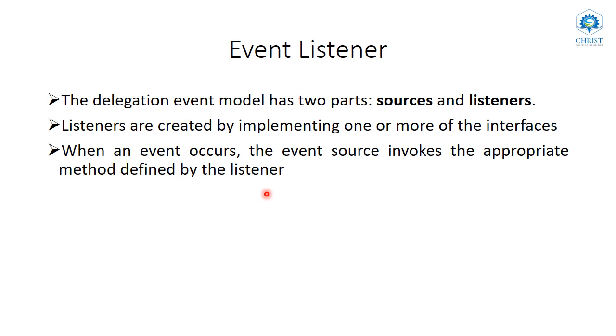Then when an event occurs inside that source, the source will call the appropriate method inside this interface. It will be more clear when we discuss an example. For the time being, just understand that listeners are implemented by using interfaces.